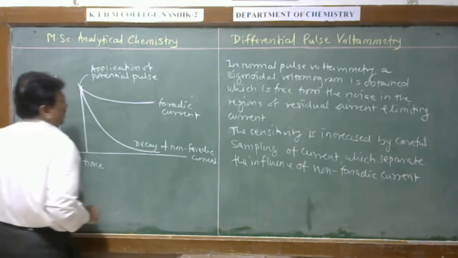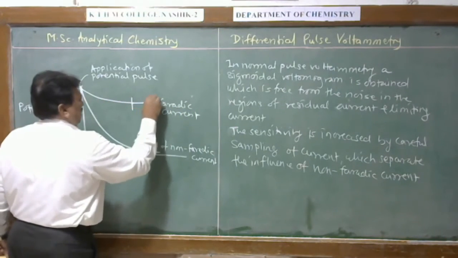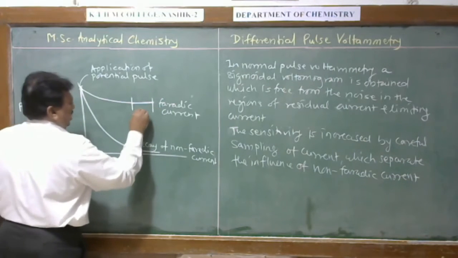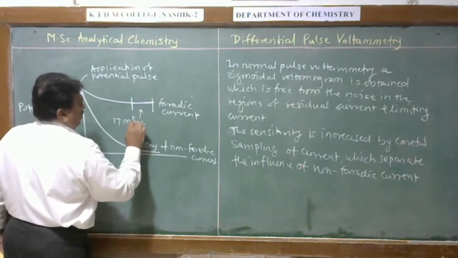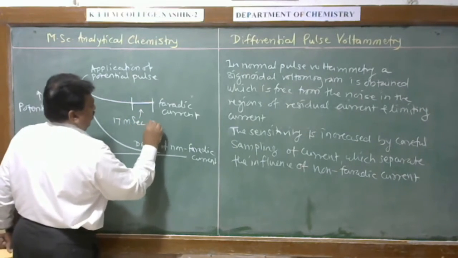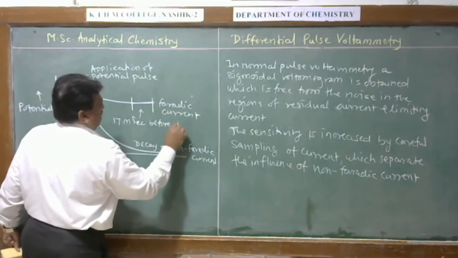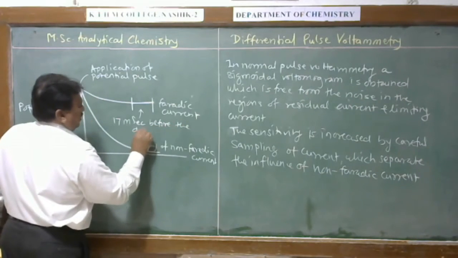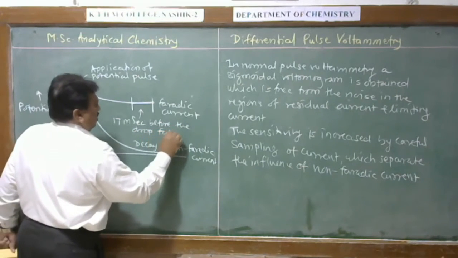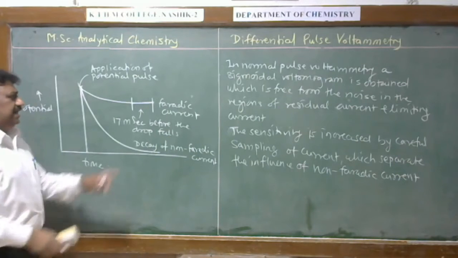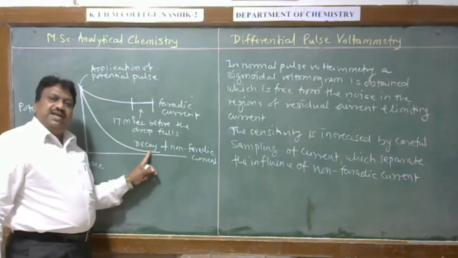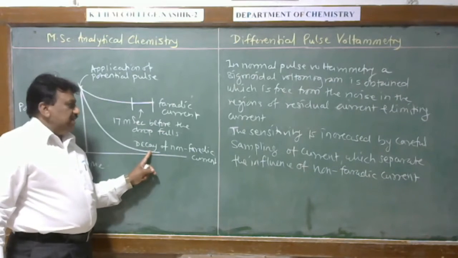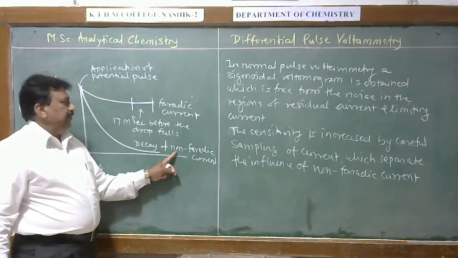And in normal pulse voltammetry, current measurement is carried out 17 milliseconds before the drop falls, by which we can attain the maximum sensitivity because we eliminate the interference of non-Faraday current.